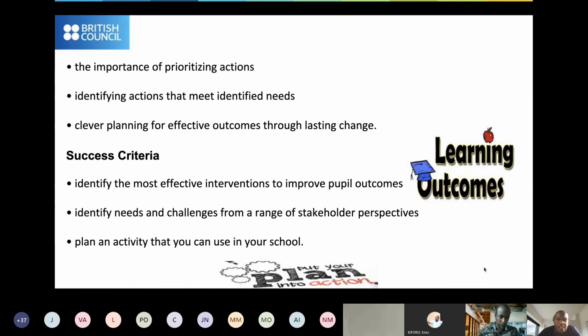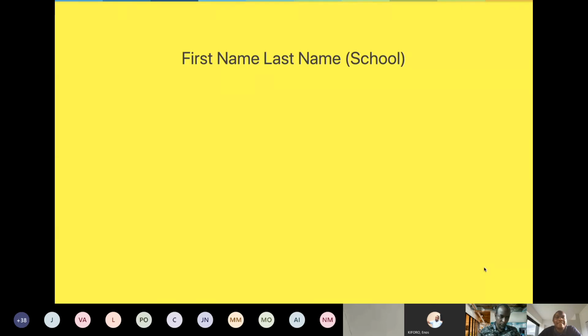So we are going to plan our action plan. And before we plan, we start with our names. Can you enter your name and the name of your school? Type in your name and the name of your school.